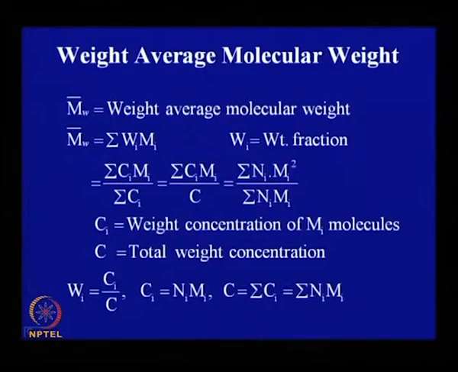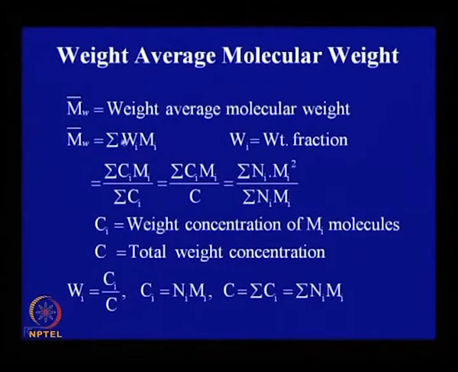In the last class I told you how you can fractionate a polymer sample by dissolving the polymer in a solvent. You will get a polymer solution, then by solvent programming you can isolate several fractions having molecules of different sizes or different molecular weights. From there you can calculate this weight average molecular weight.